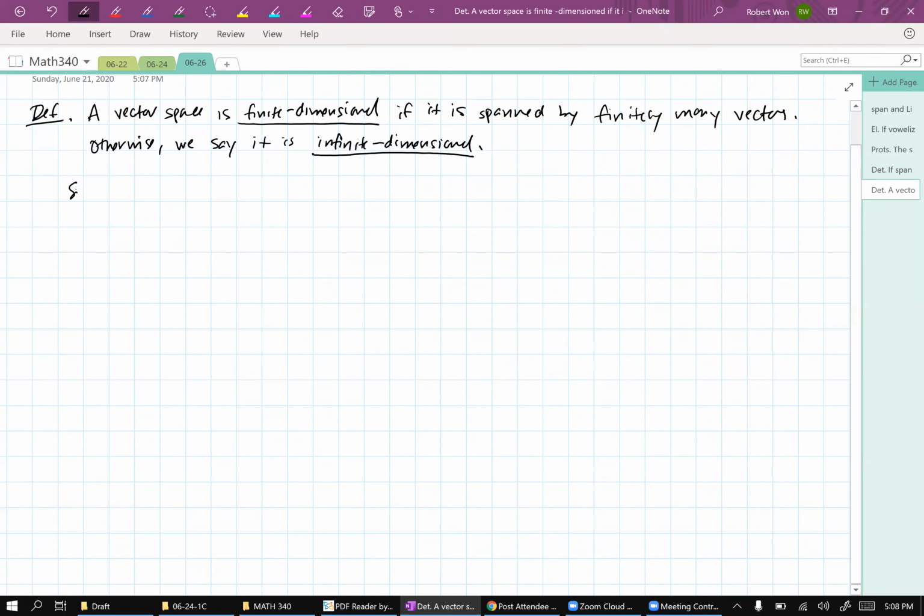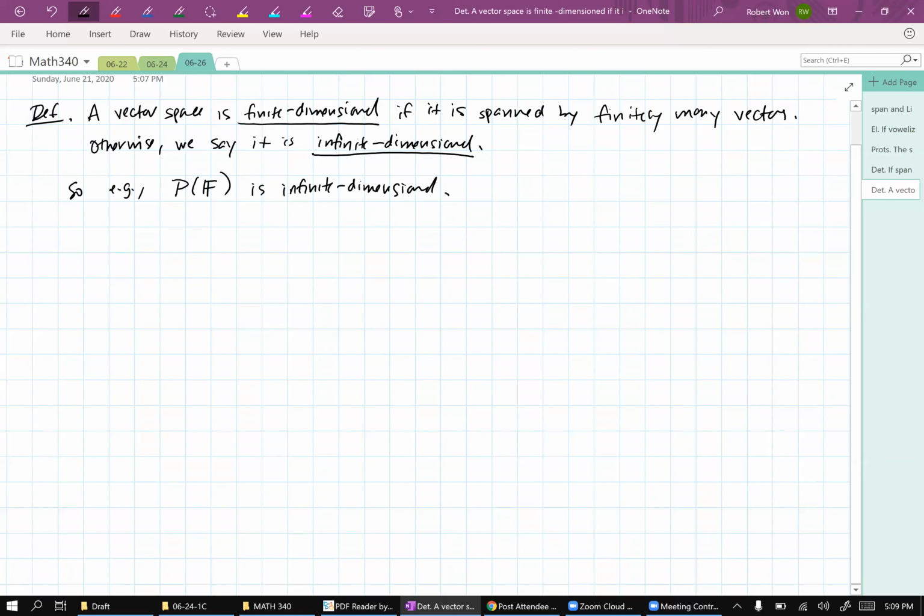Okay, so e.g., P of F, the set of all possible polynomials, this is infinite dimensional. Right? Let me just give you the verbal argument as to how you can show it's infinite dimensional. To say that it's infinite dimensional means that you cannot write it as the span of finitely many vectors, or in this vector space, the span of finitely many polynomials.